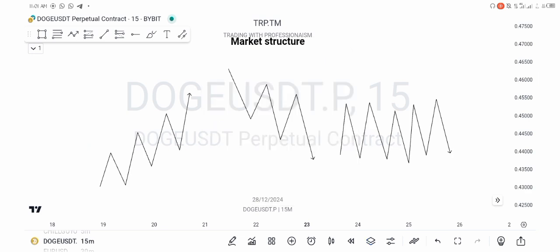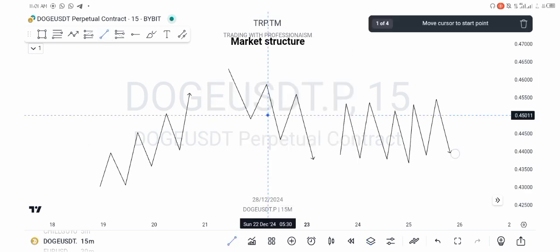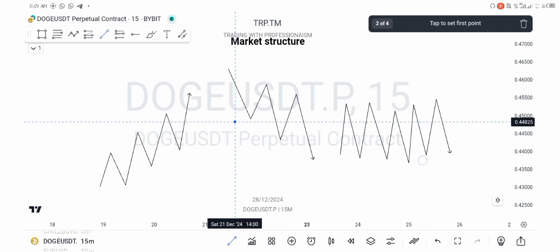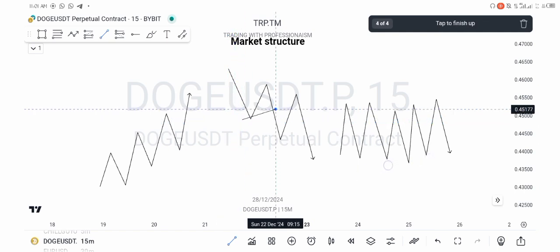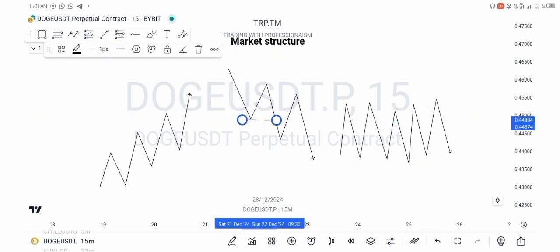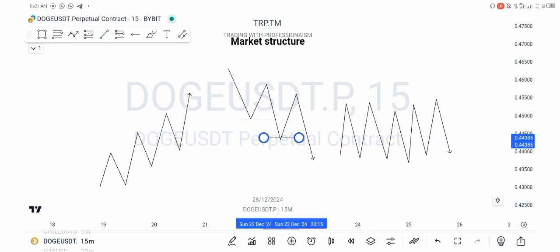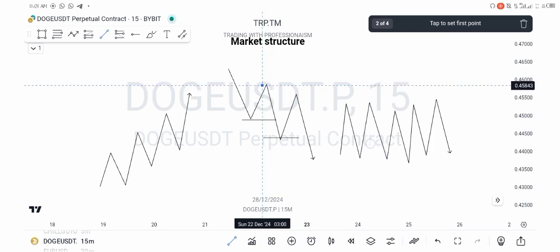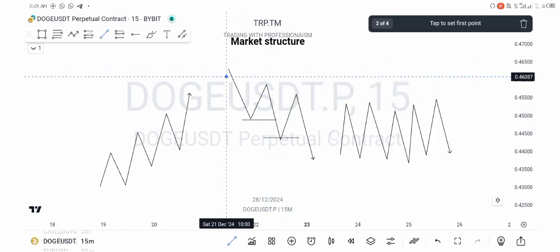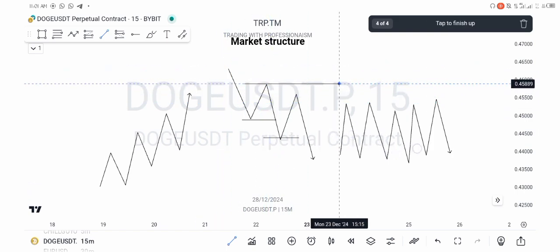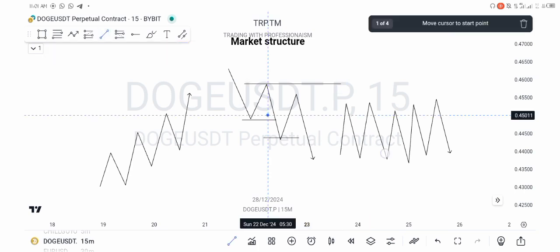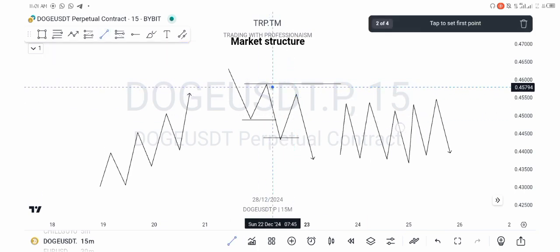For a downtrend, we have lower lows and lower highs. You can see this high is lower than this high, then this high is lower than this.